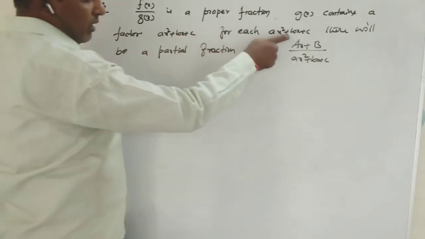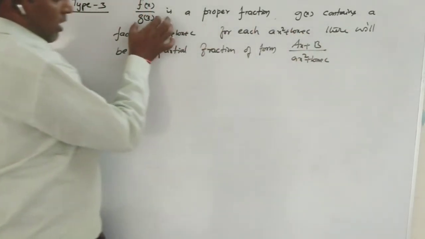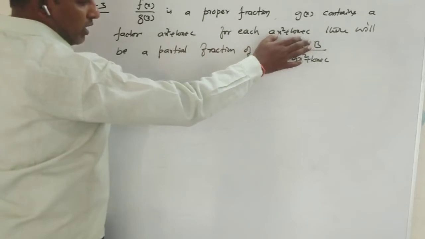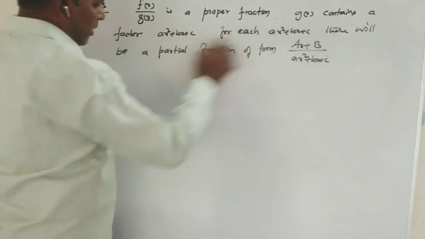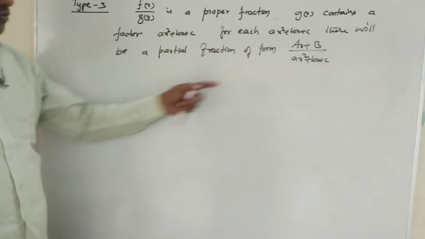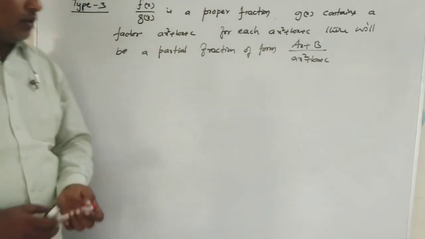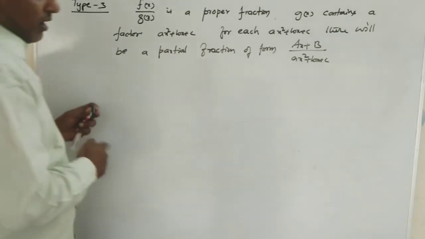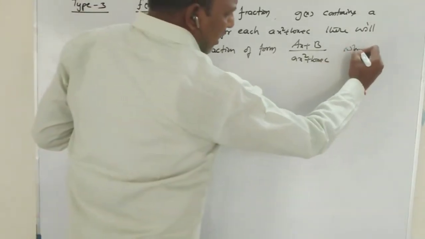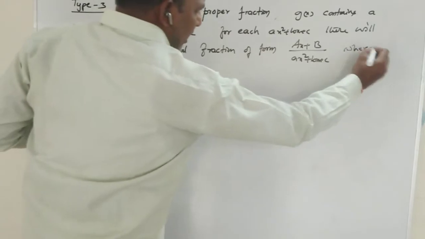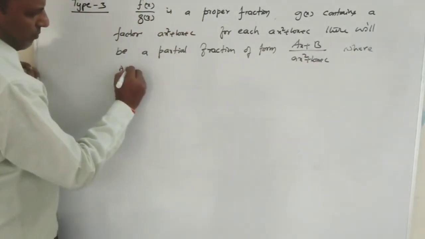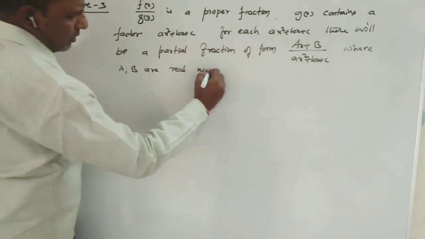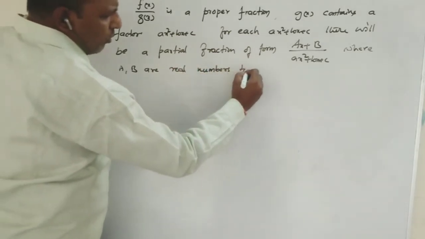For each such irreducible quadratic polynomial, there will be a partial fraction of the form ax plus b by ax square plus bx plus c. Is it clear? Here a, b are real numbers to be calculated.